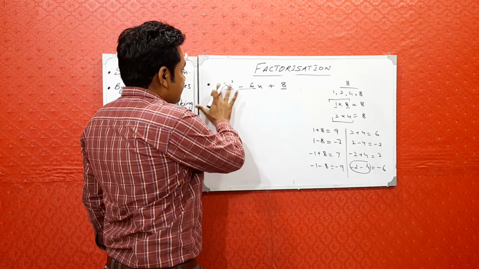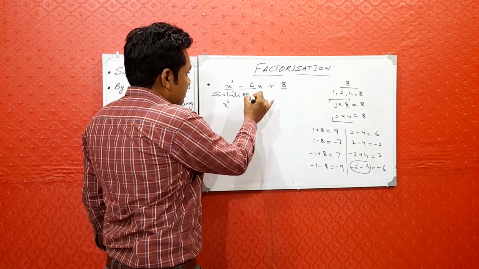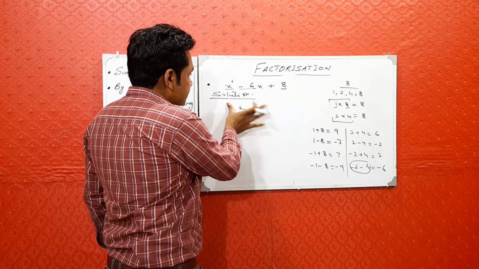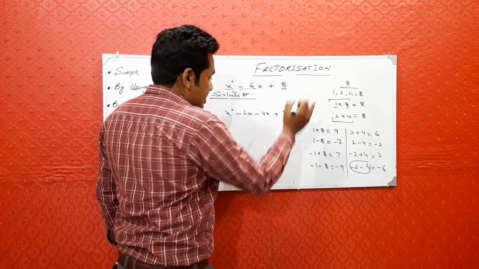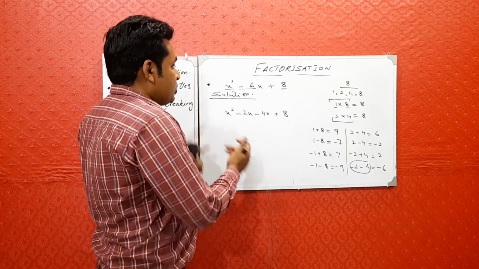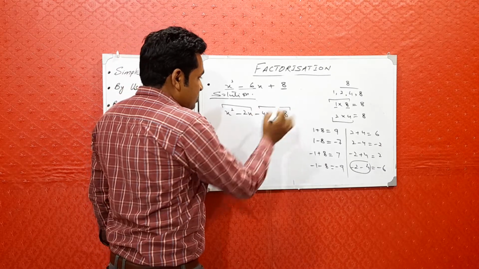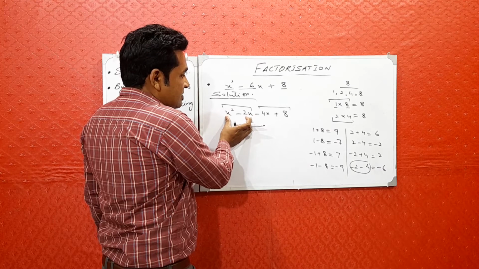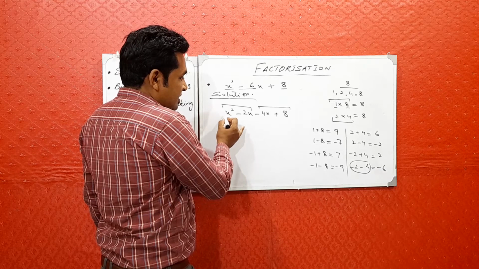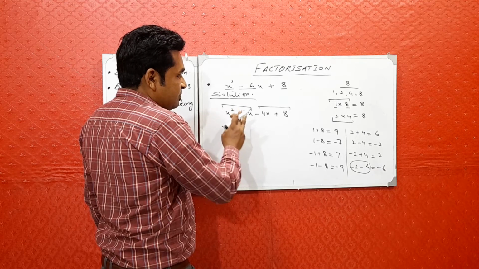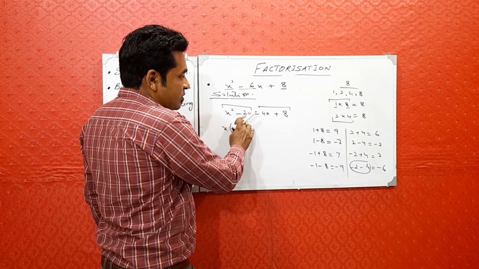So I will write down the solution: x squared minus 2x minus 4x plus 8. Now I will make a group of two terms, these two terms and then these two terms. You can see that in the first two terms I can take x common. So when I take x common, it is x squared, and what is left is the product of 2 and x.